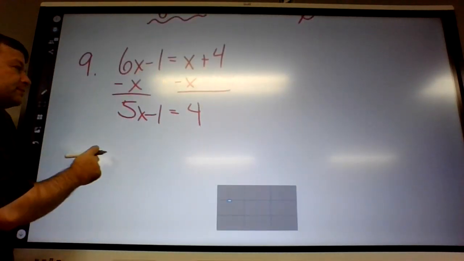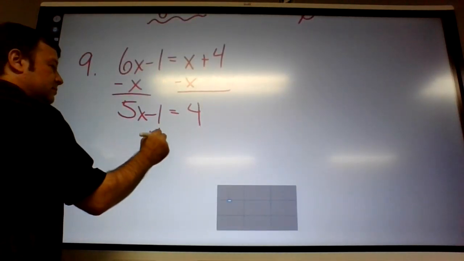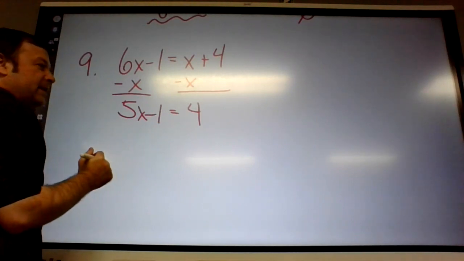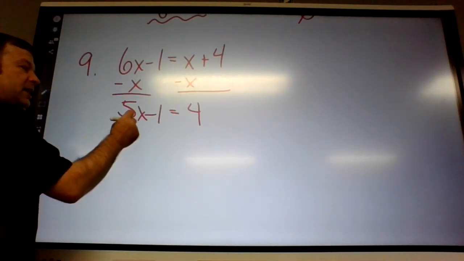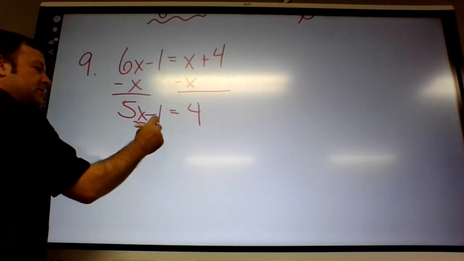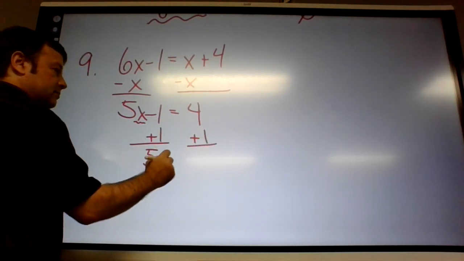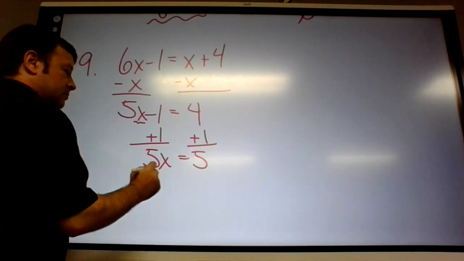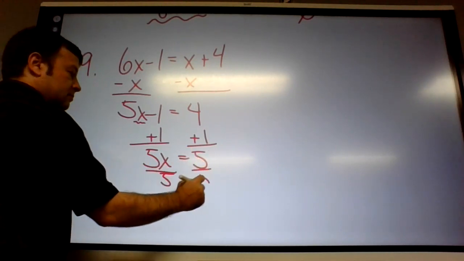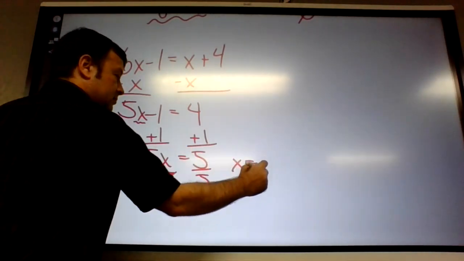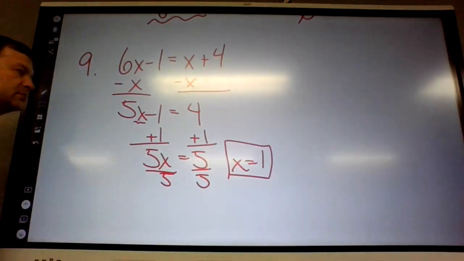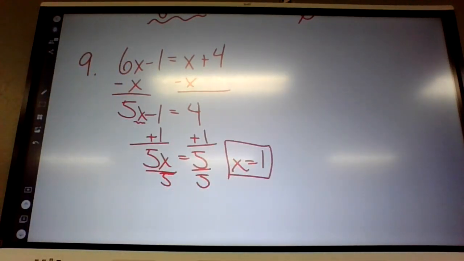Then you would add 4 to both sides. We're trying to get x by itself. Add 4 to both sides. And then divide by 5. Then you get x equals 1. We're trying to move everything away from the x side. So that's why we added the 4.